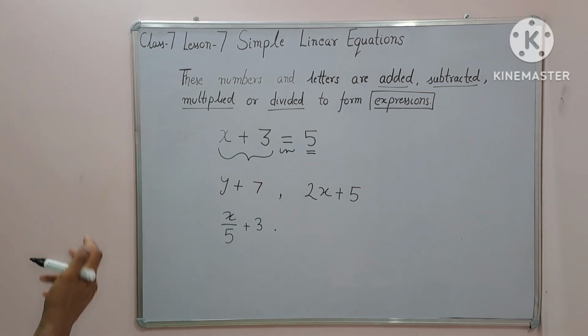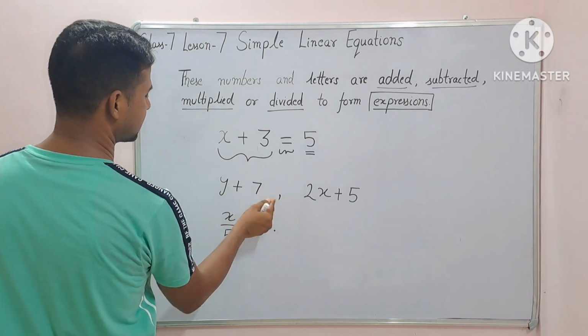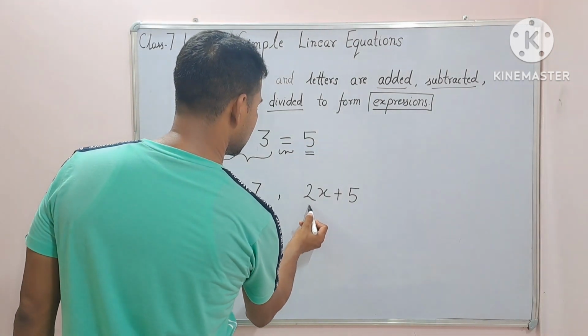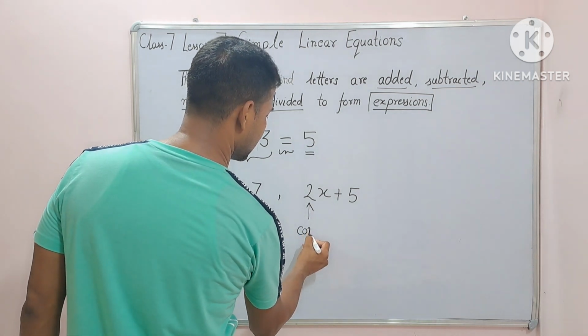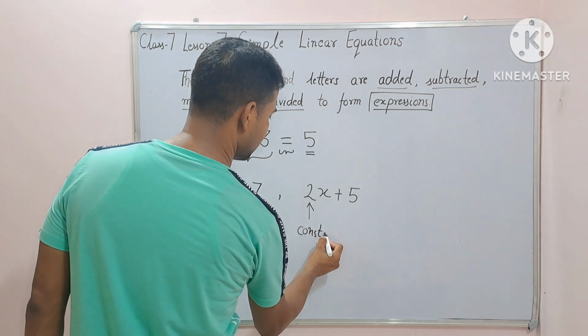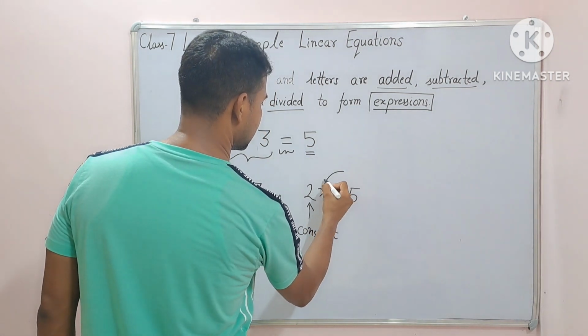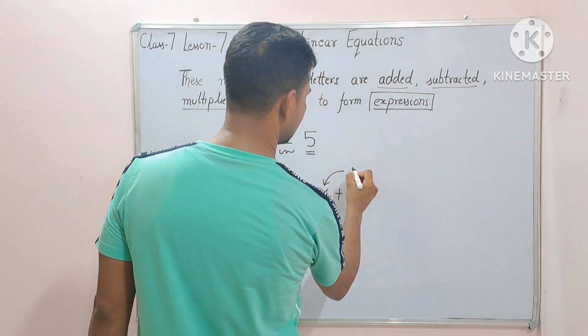In an expression, we have two things. One is alphabet, second is number. What do we call a number? Constant. We cannot change it. And the value of an alphabet can change.